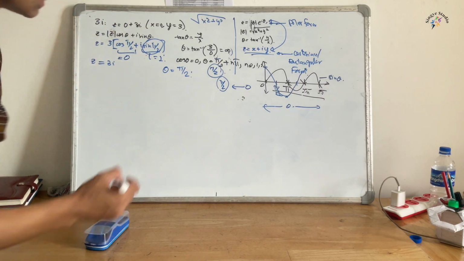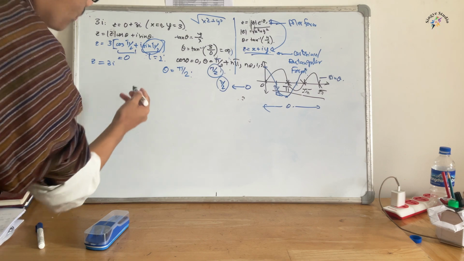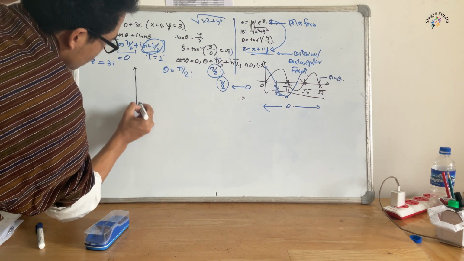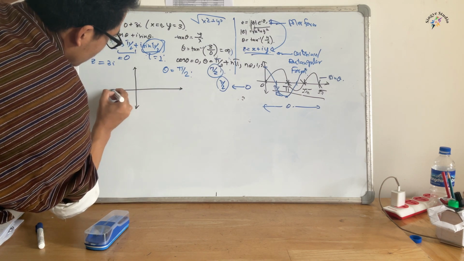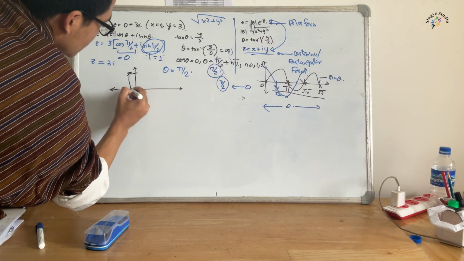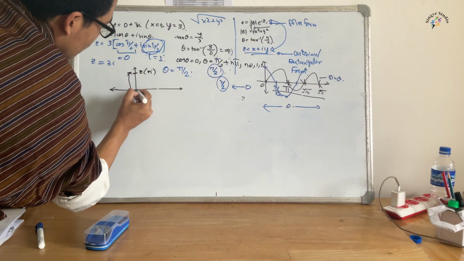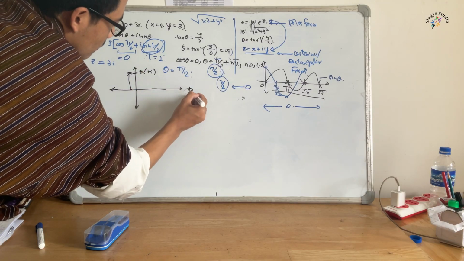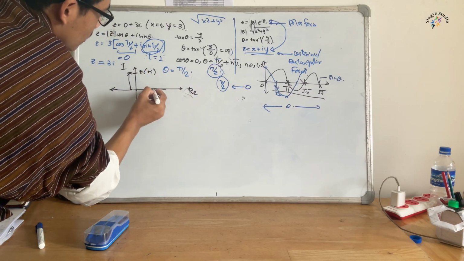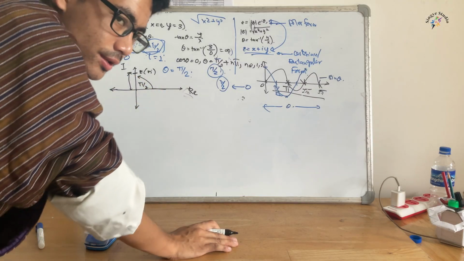So what does it mean is that in the complex polar plane, see here, your complex number lies here, see, 3i. And this real and imaginary, you have just moved by the angle pi by 2. Correct?